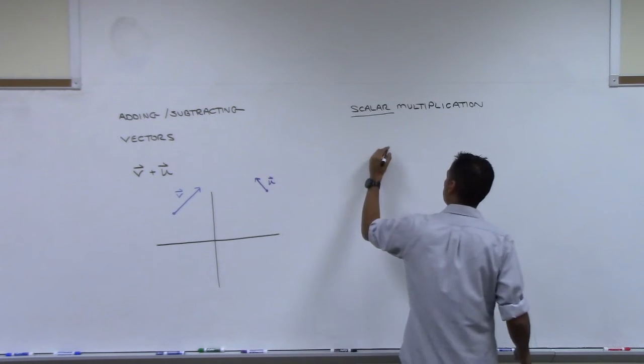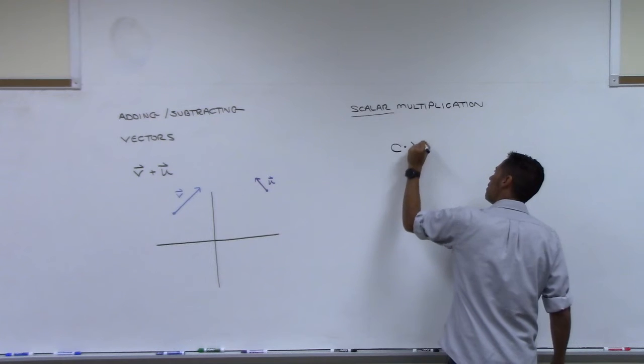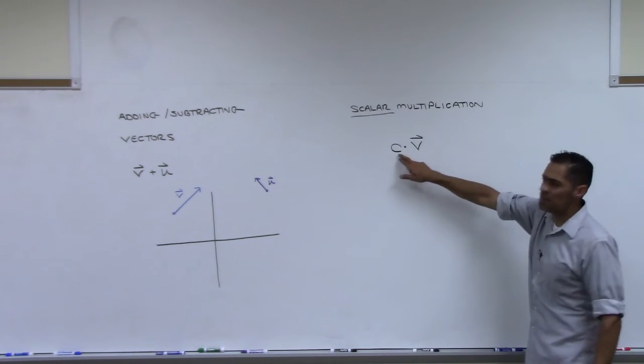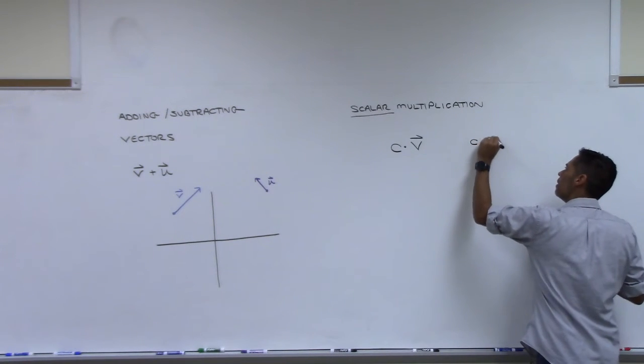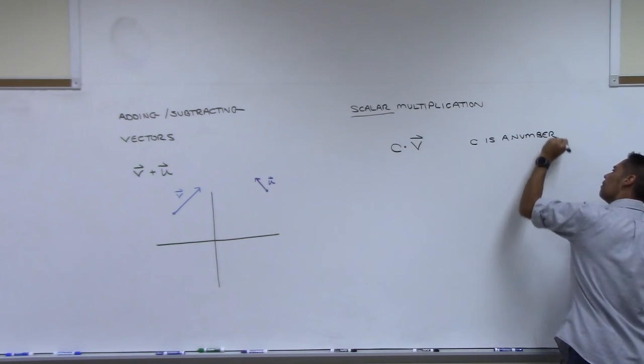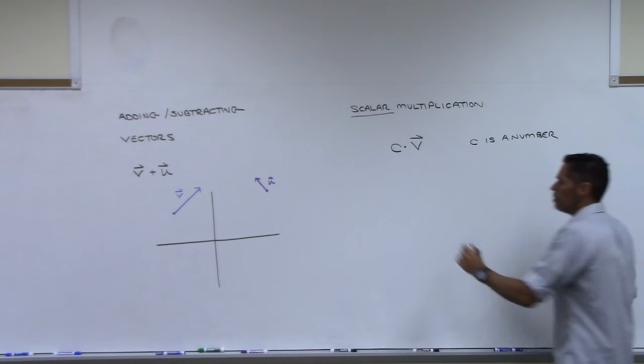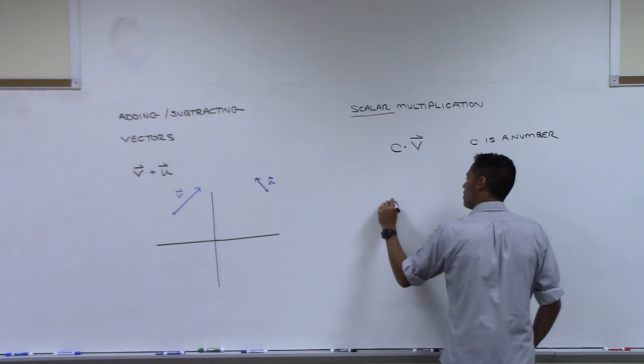So, for example, let's say we take c and we multiply it times the vector v. So c is a number. All right, what happens to the vector? That's the question. So I'll tell you what happens.